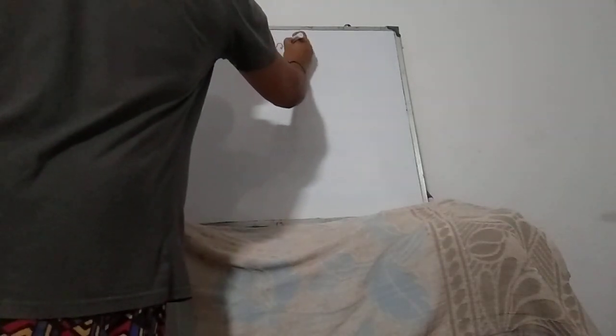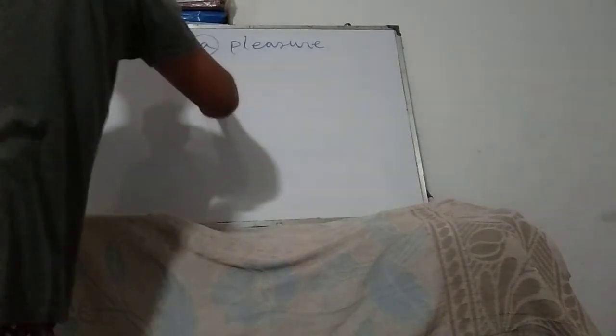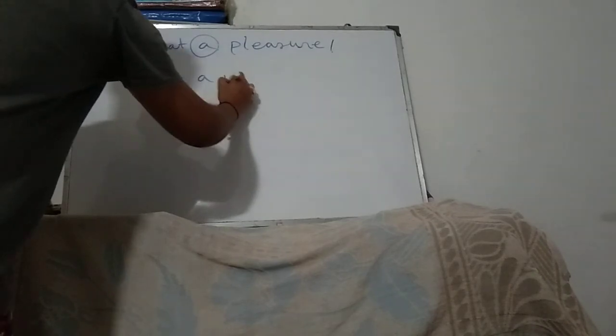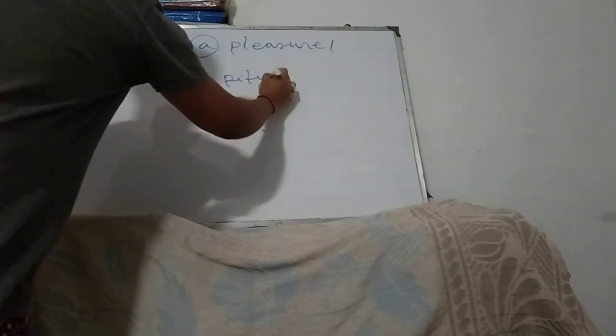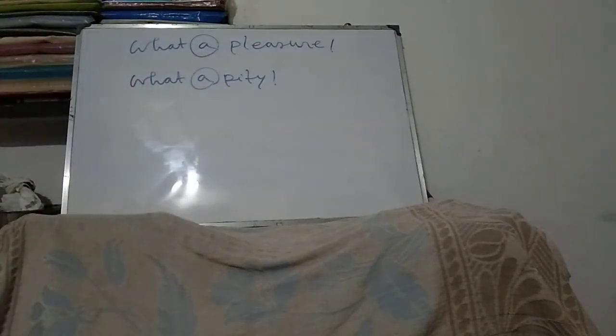Here a is used. This type of expression, what a pleasure, uses a. Similarly, what a pity. What a pity. A is used. There are some particular expressions in which a is used. Some other examples are given in your book.